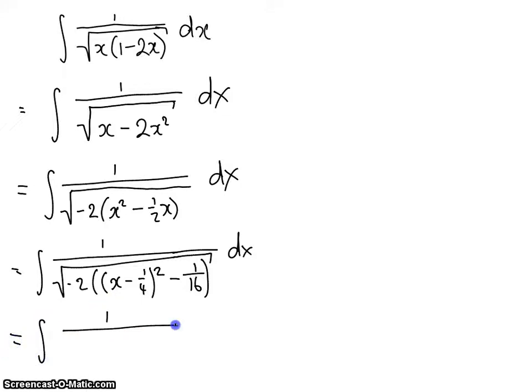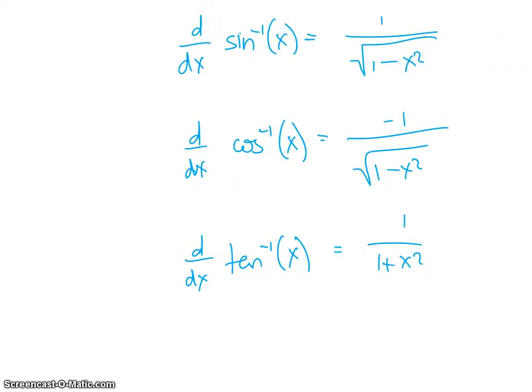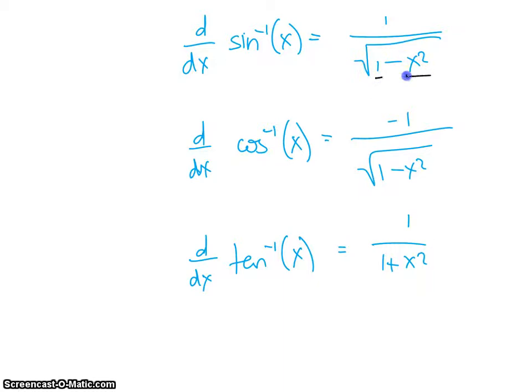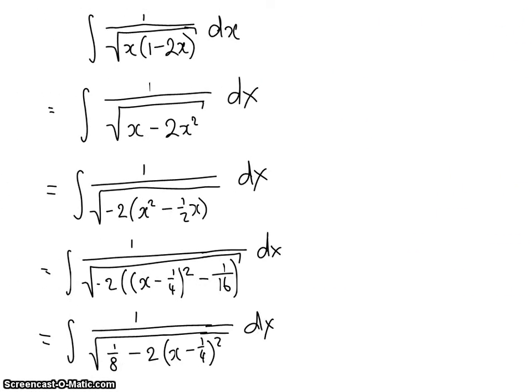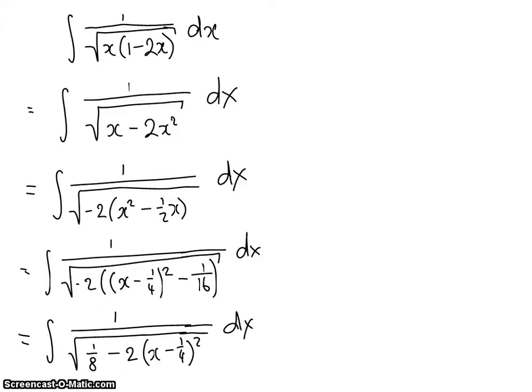And this is 1 over the square root of 1 over 8 minus 2x take a quarter squared dx. So, how to do this? Well, if you look at our formulas again, you notice all of these have 1 minus something squared, 1 minus something squared, 1 plus something squared. So, I don't want this term here, this 1 over 8.